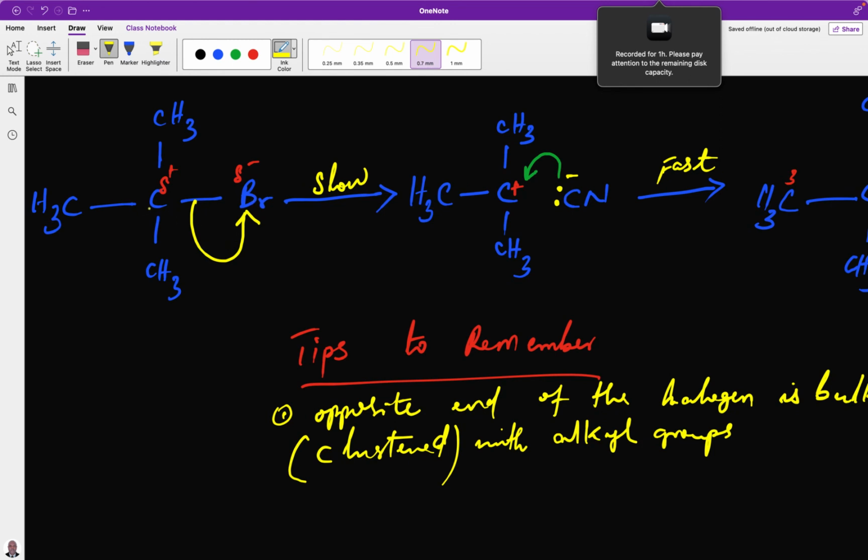The opposite end here is clustered with many methyl groups. For that reason, there's no space here, so it helps to prevent the nucleophile from attacking from this end. They cannot undergo SN2, because in the SN2 mechanism, the nucleophile attacks from behind. So this one, the nucleophile cannot attack from behind because the opposite end of the halogen is clustered, bulky, and prevents the attack of the nucleophile.